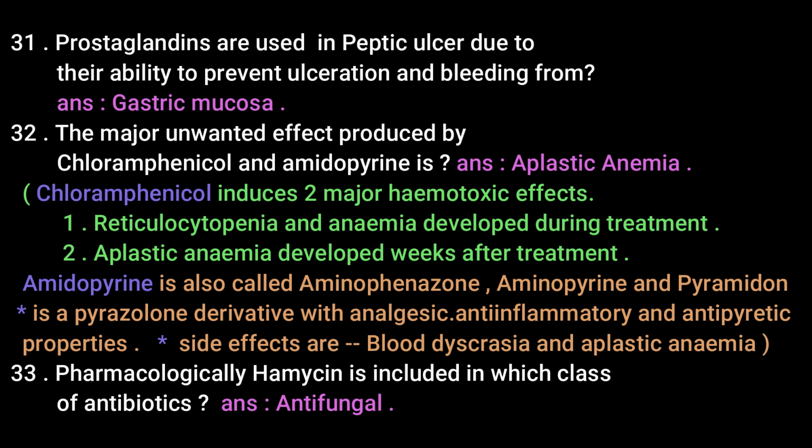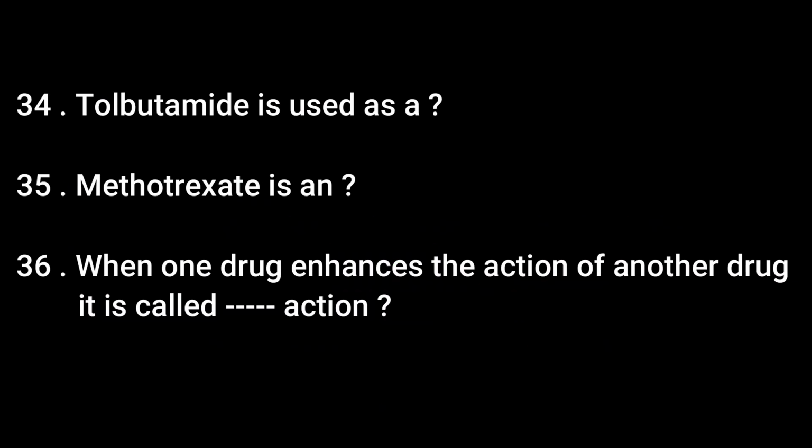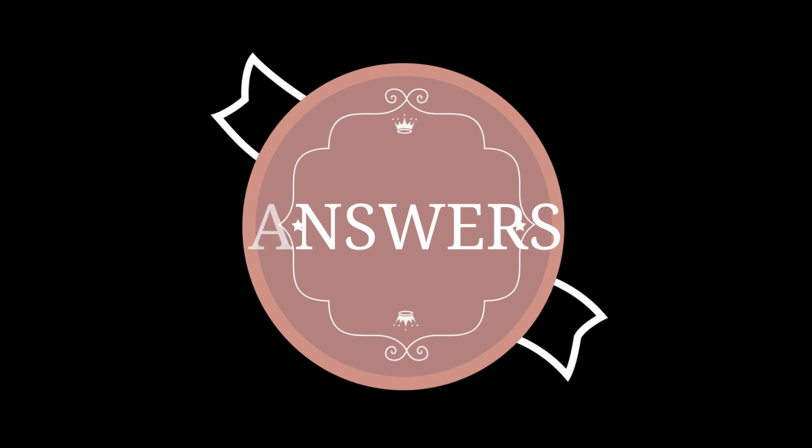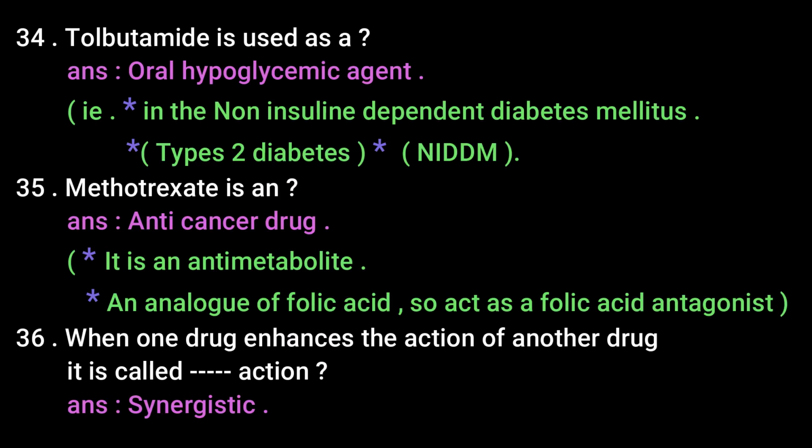Next question, pharmacologically, hamycin is included in the class of antifungal antibiotics. Okay, then next question, tolbutamide is used as an oral hypoglycemic agent, that is for the treatment of non-insulin dependent diabetes mellitus. 35.